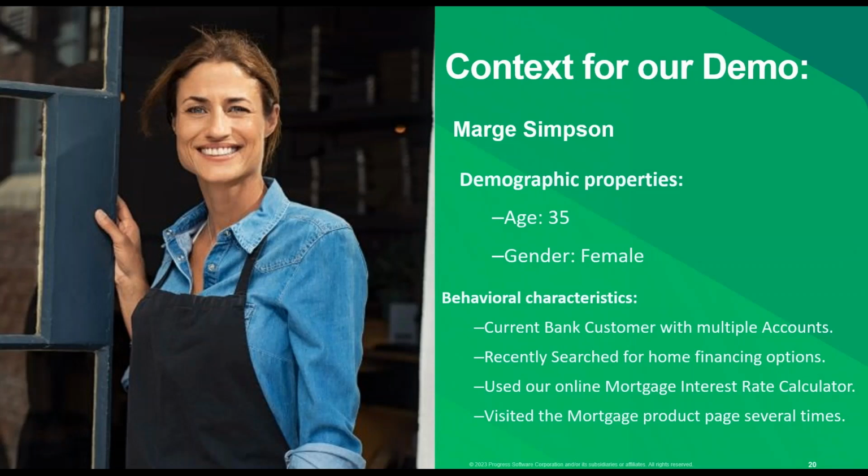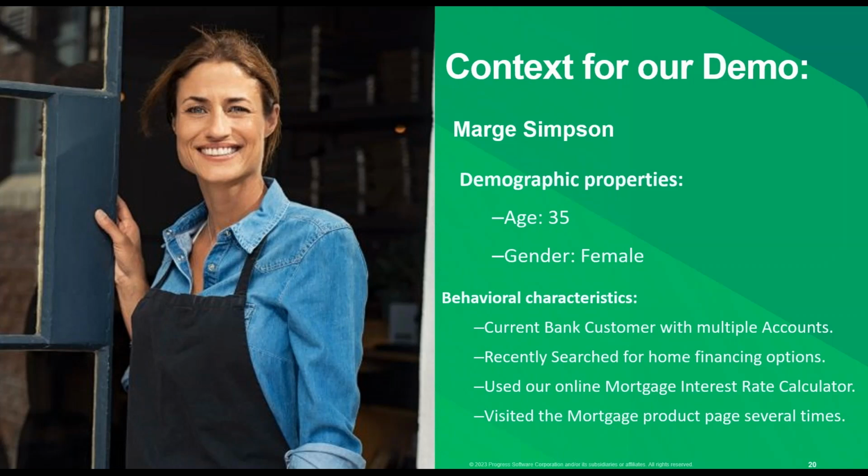So I'm just going to kind of key us up for the demo. We all want to get into that live demo. But today I'm going to talk about, or I should say I'm going to role play in the demo. We're going to use a person from our audience, Marge Simpson. You know, she's in her mid-30s, she's female, and she's been going through and interacting with our organization. And the organization that we're going to use today is Coriander Lane Bank. And Marge happens to be interested in getting a mortgage. And so Marge has been interacting with Coriander Lane as a customer.